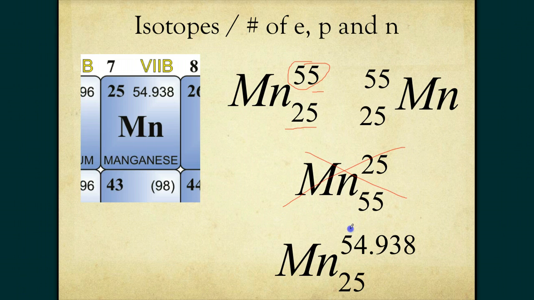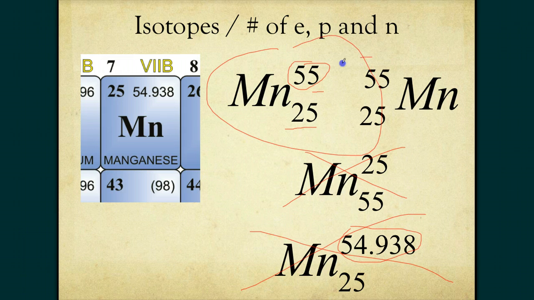And then also this would also be wrong because you do need to round this. So these two guys would be a mistake. However, this or that, I can circle, there you go. These two will be absolutely right. So you get your atomic mass number at the top, the number of protons at the bottom, and there you go. That's your isotope formula.